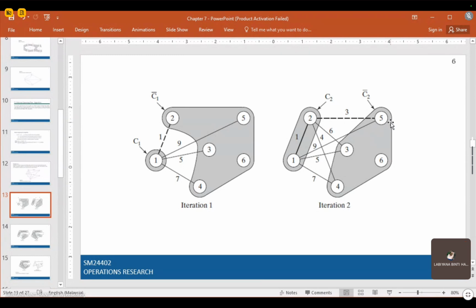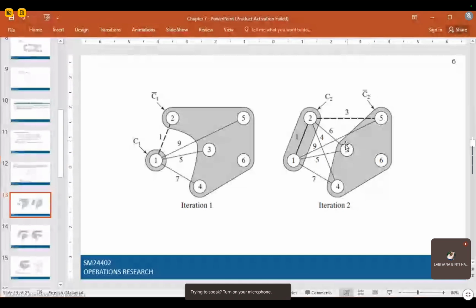So our C2 now will be the set of 1 and 2, and our C2 bar will be the set of 3, 4, 5, and 6, because we already know the nodes.